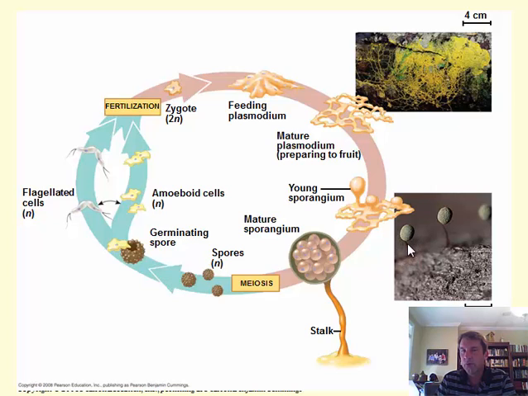This insert right here shows you some microscopic views of these sporangia, these structures that produce spores. And those spores are then released, and then they can germinate and produce some more of those haploid cells. That's the life cycle of a plasmodial slime mold.